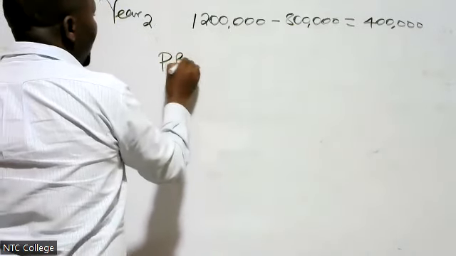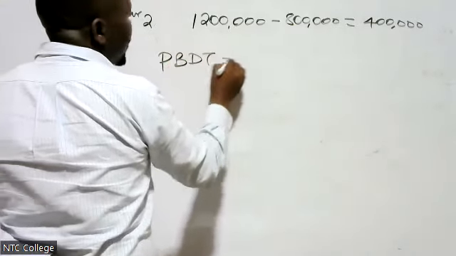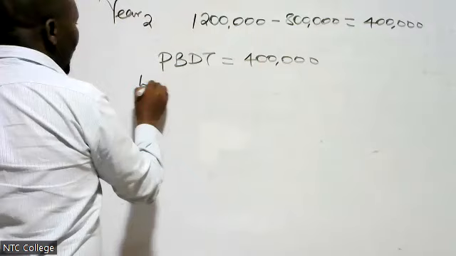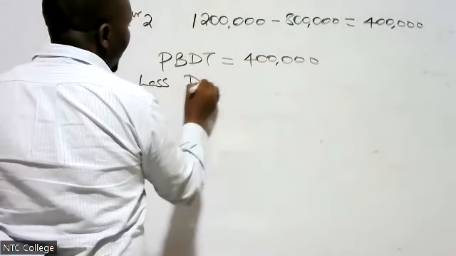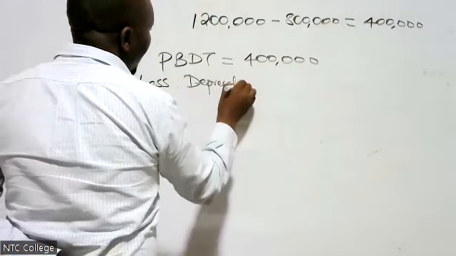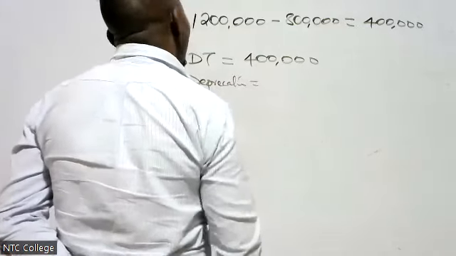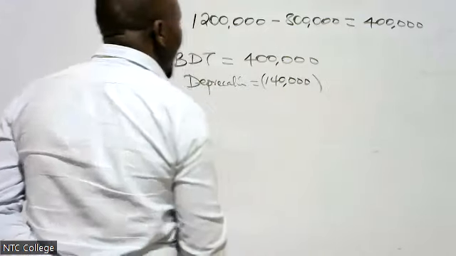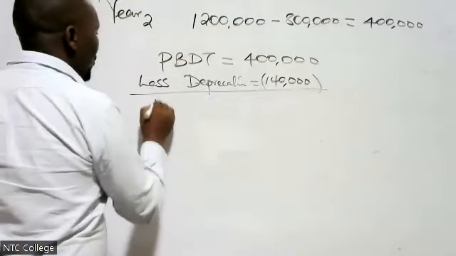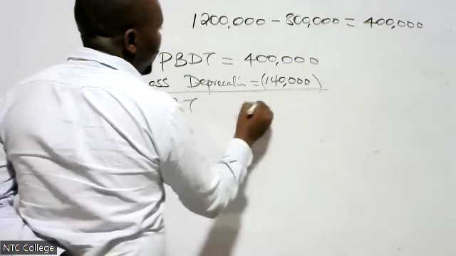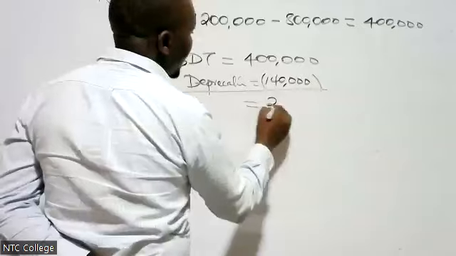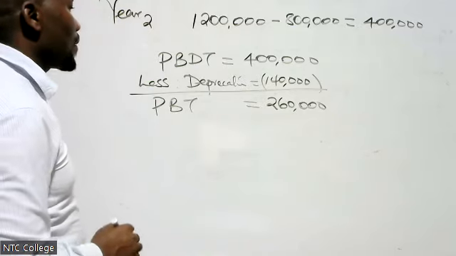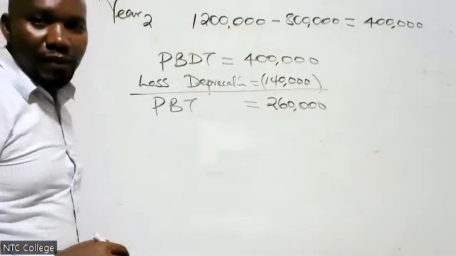So we have profit before depreciation and tax, which is 400,000, less depreciation, which is 140. So you're going to have profit before tax, which is 260.